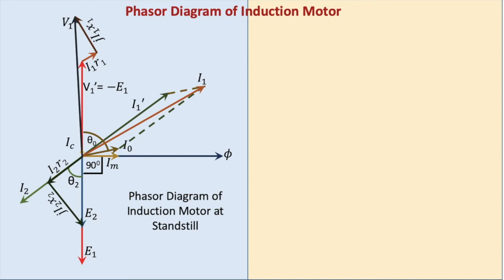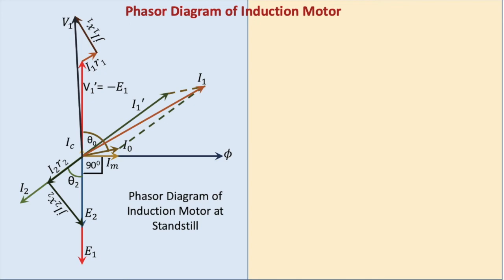So the stator resistive and reactive drops have been added to V1 dash, and you get the supply voltage V1. So now if you see, the power factor is very poor due to the high rotor reactance under the standstill condition. Now once the rotor starts rotating, it will achieve a steady state condition somewhere just below the synchronous speed.